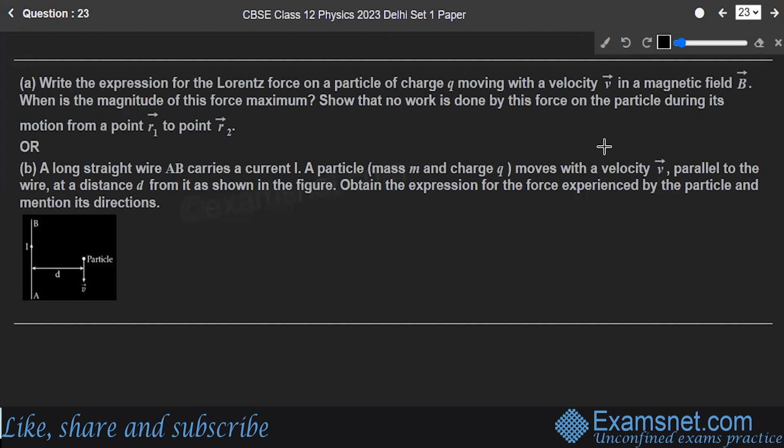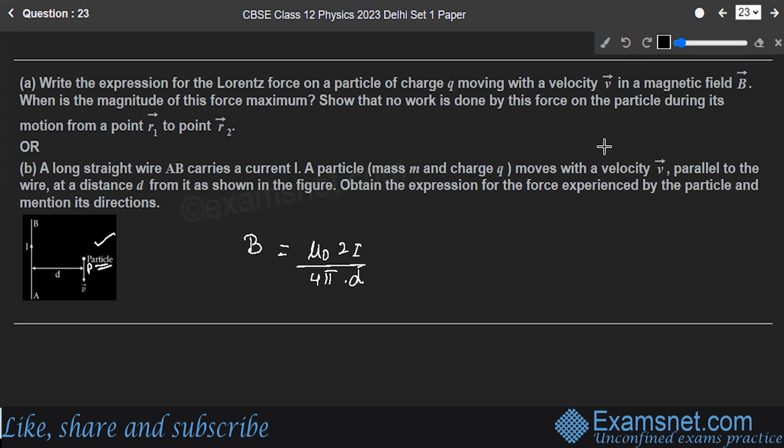All right. The magnetic field induction at P due to the current I in a long wire is given by, I'm repeating, at the point P, let this be the particle's point P. So the magnetic field at the point P due to the current I in the long wire AB is given by mu naught 2I upon 4 pi d.